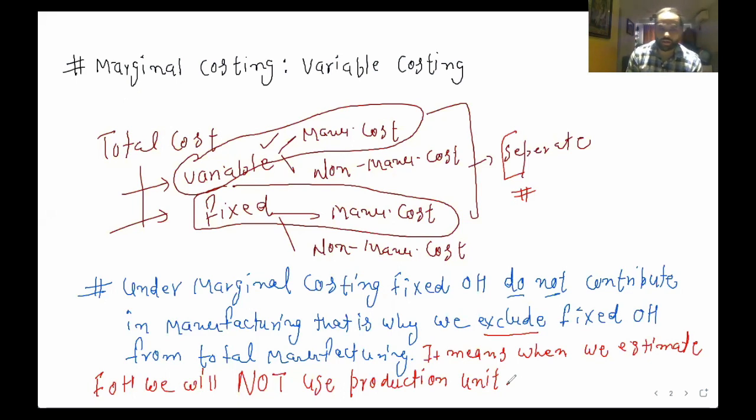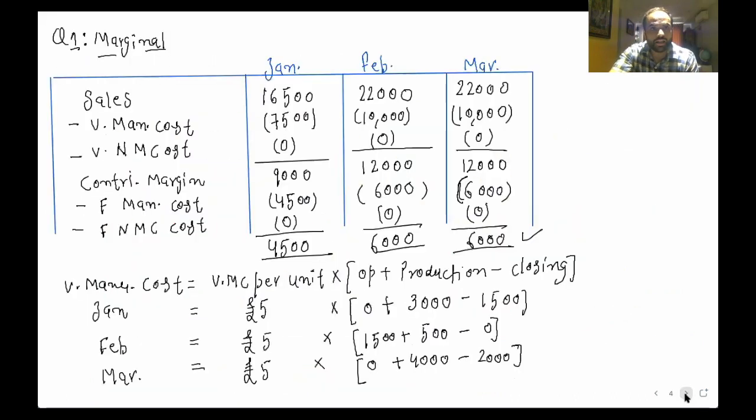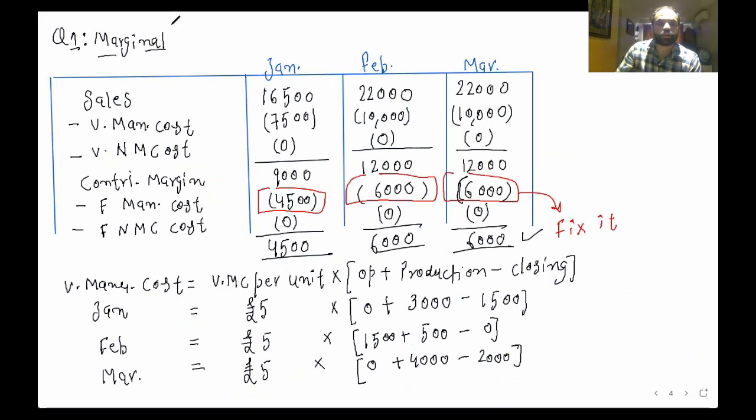Same thing in your question 1. I don't remember actually, so let's have a look again. In your question 1, I think you calculated by production unit. So make sure you fix it. In your question 1, it should be the same.